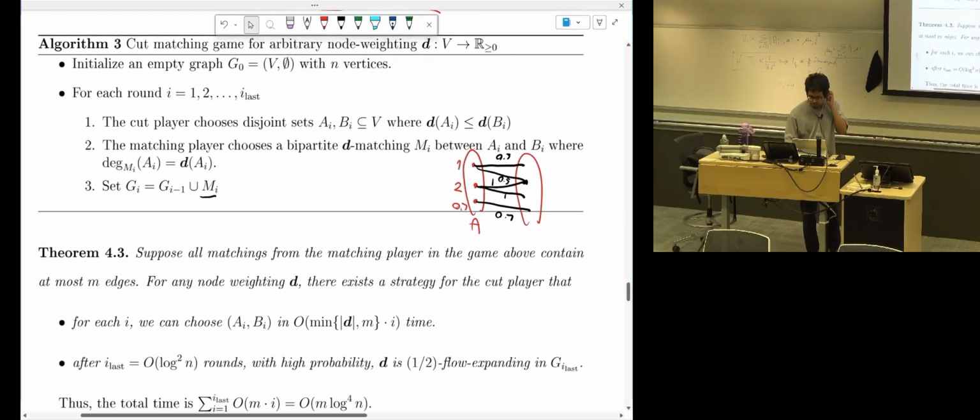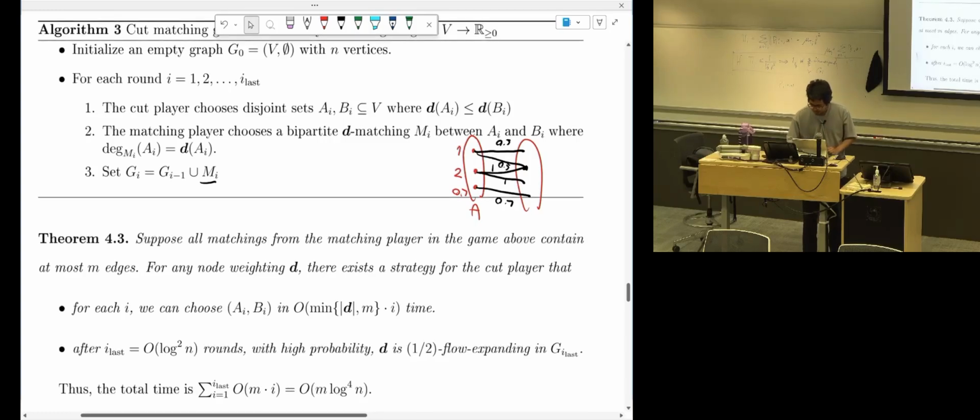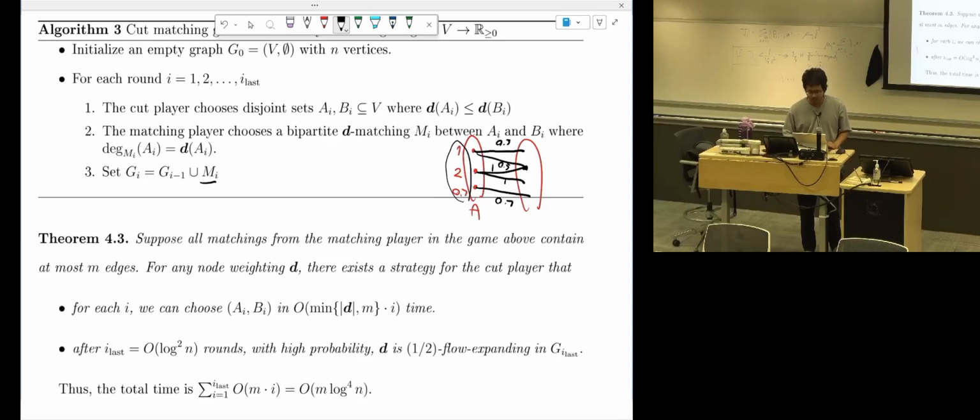So suppose that, now you see that I allow fractional things. And if I allow each edge of M to be fractional too, then the number of edges in M could be anything, could be really huge, right? So now suppose that the matching player in this game above has at most M edges.